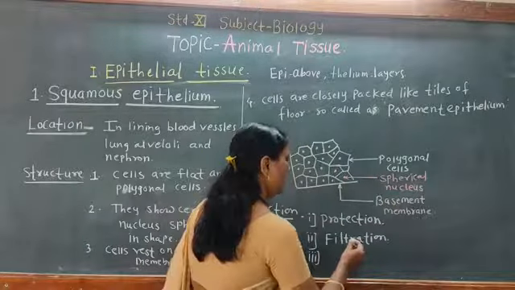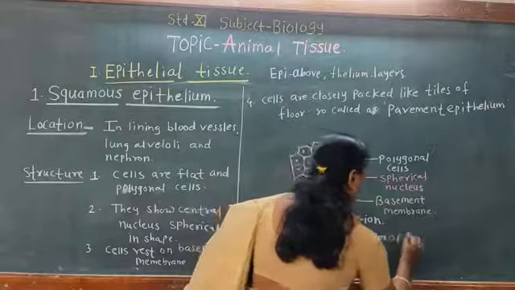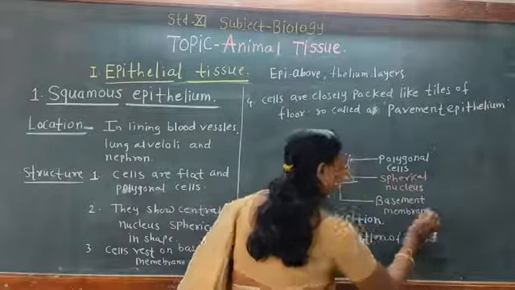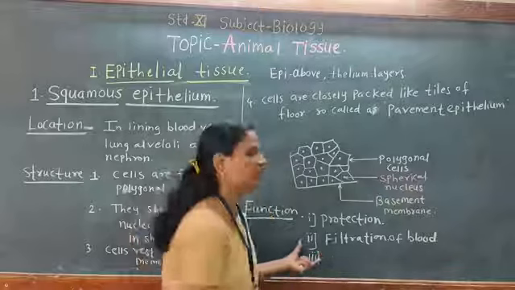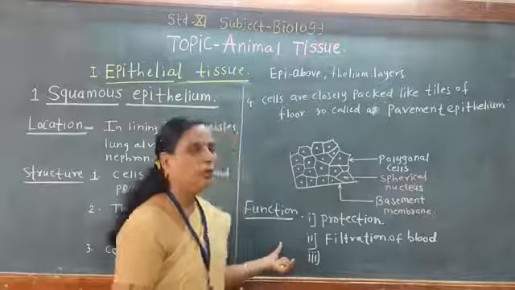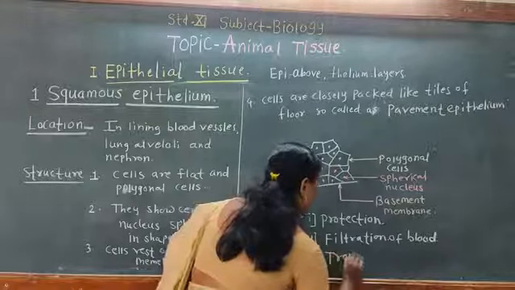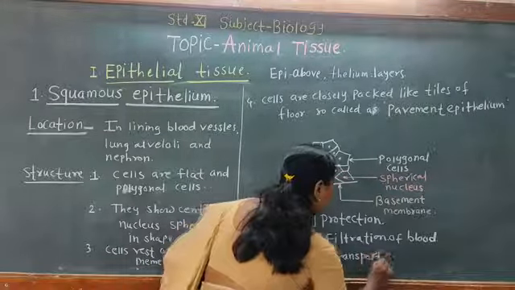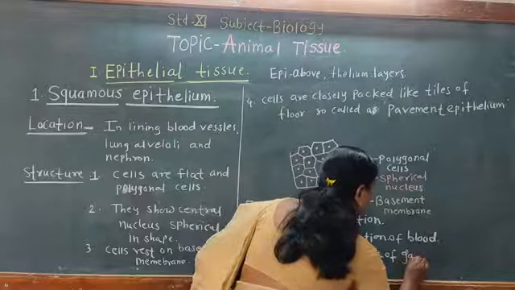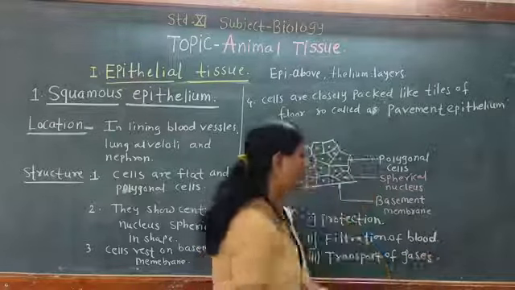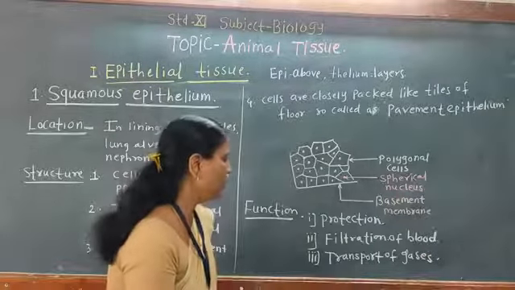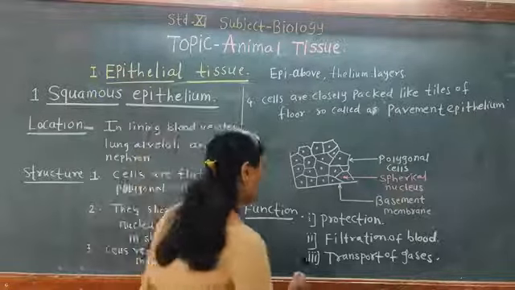Then in lung alveoli they mainly function for the transport of gases, that is the O2 and CO2. So this is another important function in case of the lung alveoli, where squamous epithelium is present. So these are the different functions.